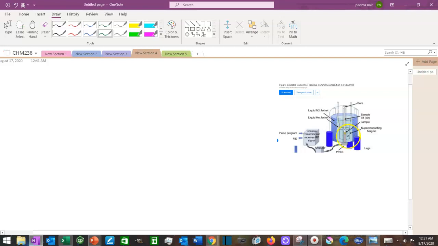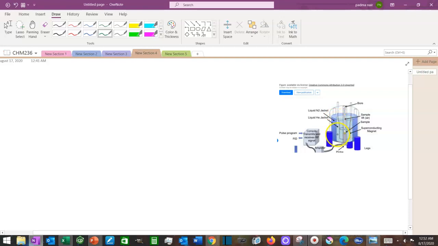You have a superconducting magnet here, which is a copper coil, and it creates a magnetic field. This is cooled, because we have to maintain a very low temperature in the container. So what we do is put a nitrogen jacket outside, and then within it there is also a helium jacket.